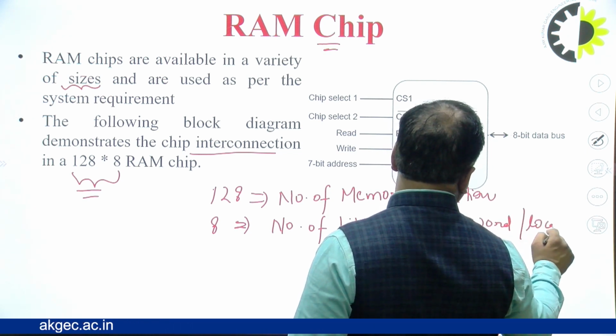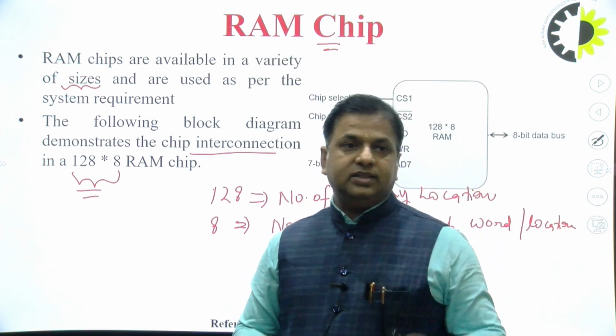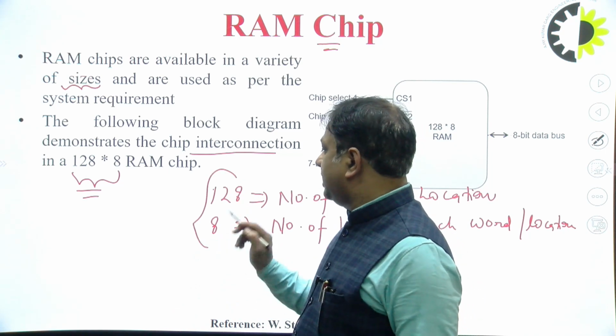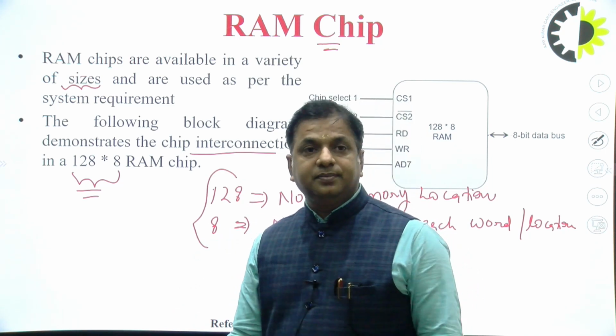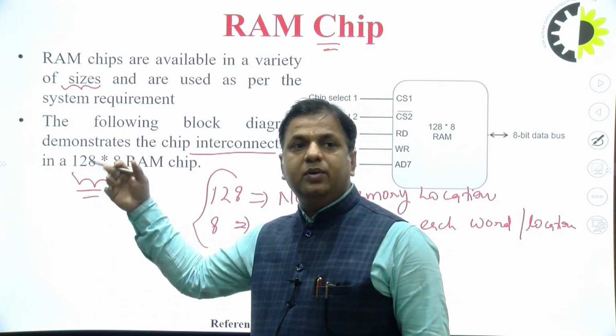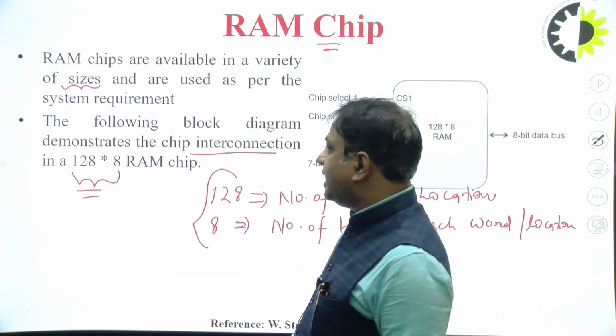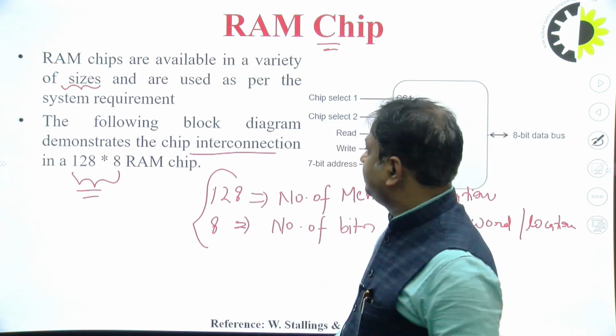That means how many bits can be accommodated at a location. This is an important term, how we write the memory size. It is always written in the form of m into n, where m is the number of memory locations and n is the size of the word.